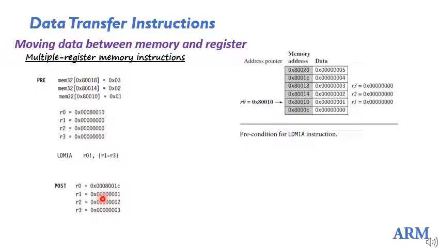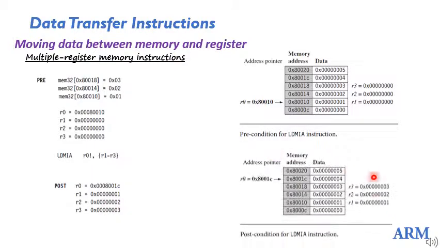Initially R0 was 80010, so 1 is moved into R1, and the next memory location is 80014, which is holding 2, that is moved into R2.